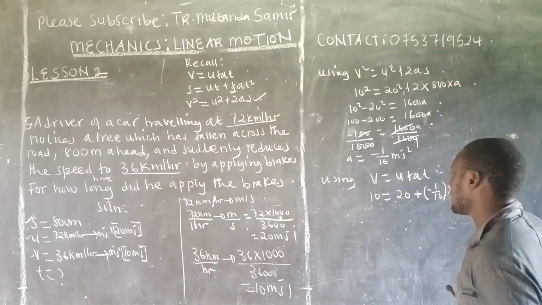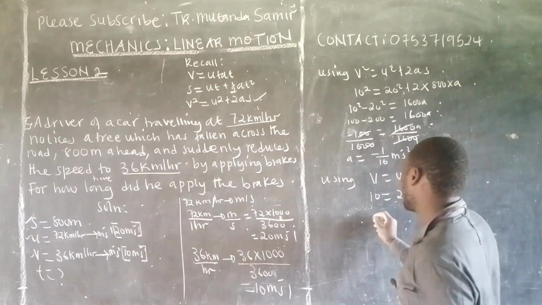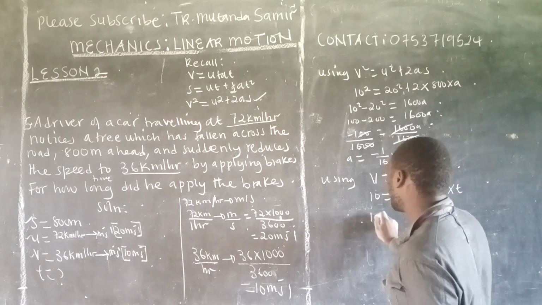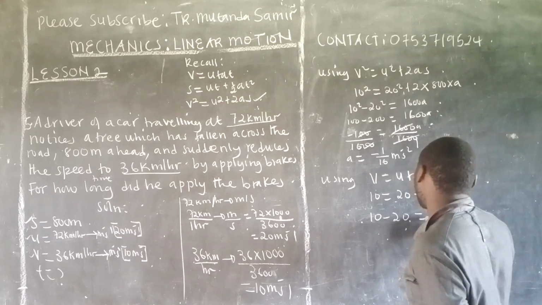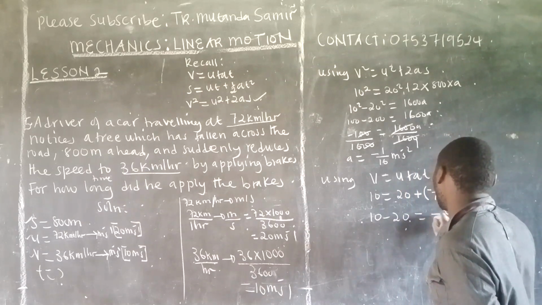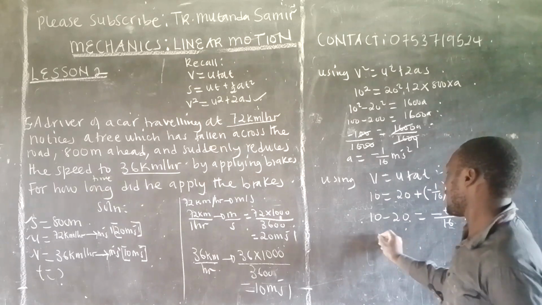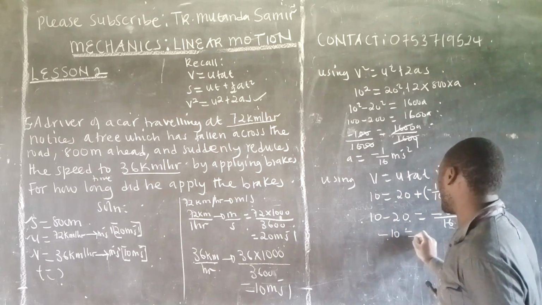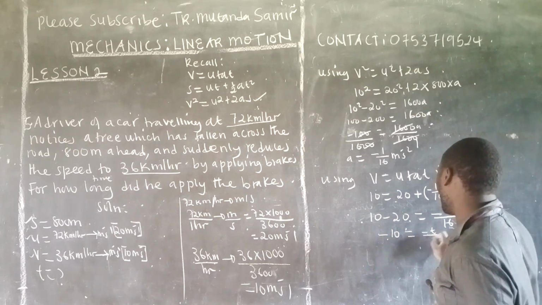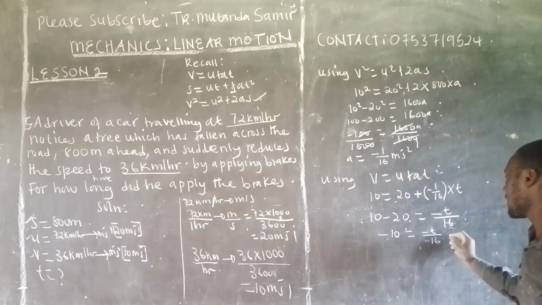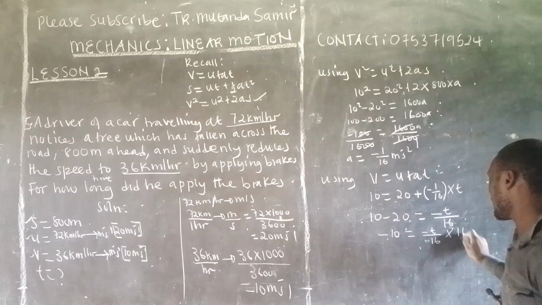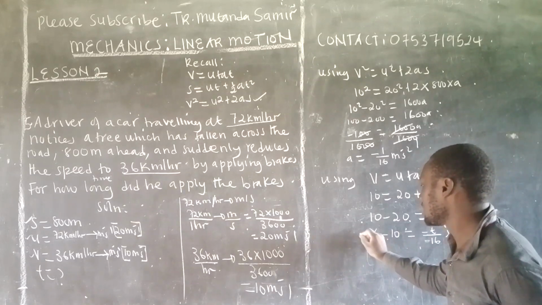Now that you can get the T. Subtract this side, we shall get 10 minus 20 is equal to negative T over 16. We have this. So now this will be negative 10 is equal to negative T over 16. Okay. Now we shall say times 16, even this side times 16.